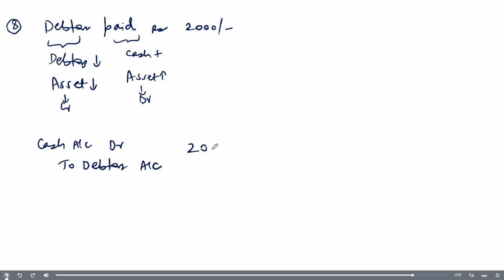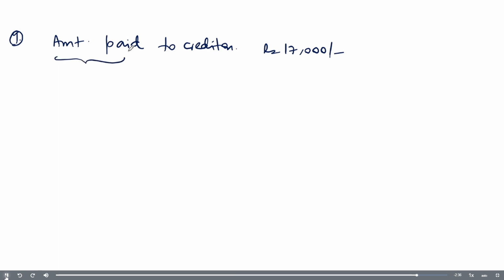Amount is 2,000. Next, I'm doing a variety from all sorts of possibilities. Amount paid to creditors 17,000. Amount paid to creditors means we have settled an amount which is due to the supplier.